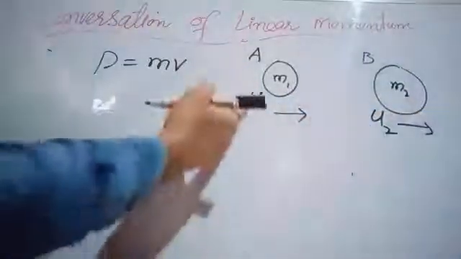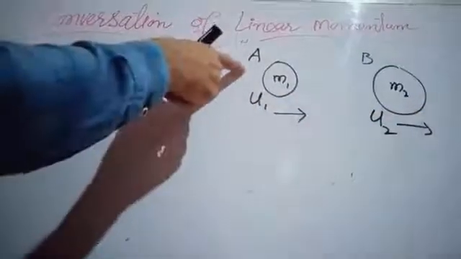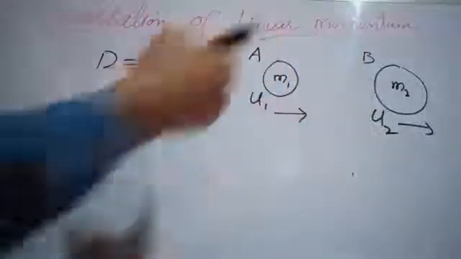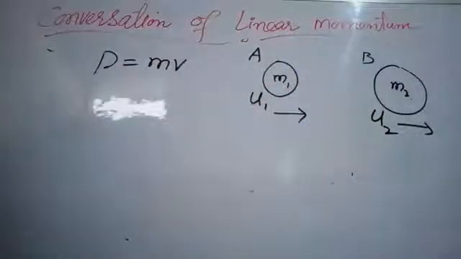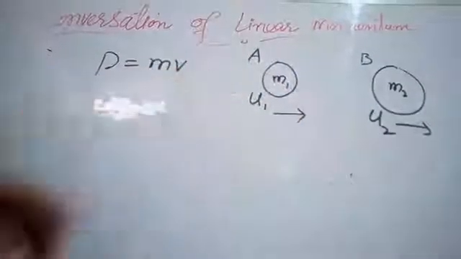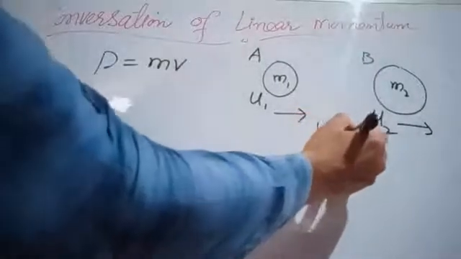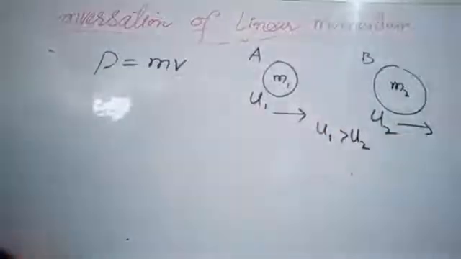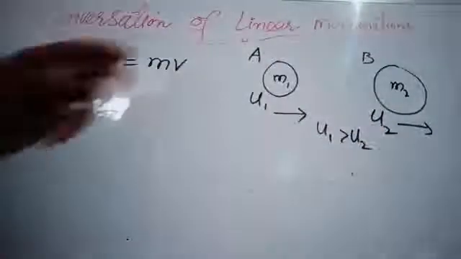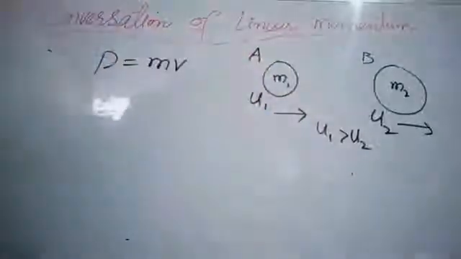This is the initial velocity of object A, and u2 is the initial velocity of object B, and these velocities are such that u1 is greater than u2. This means that these two objects will collide at one point.